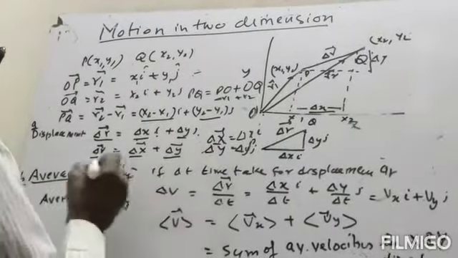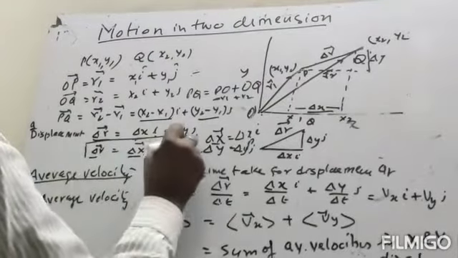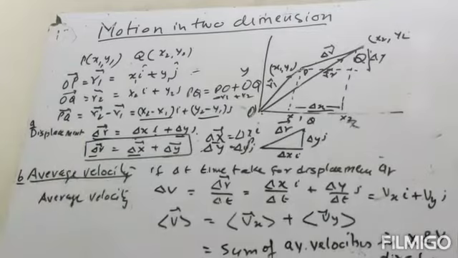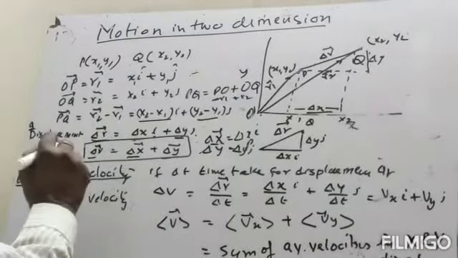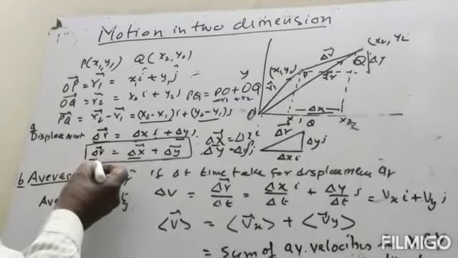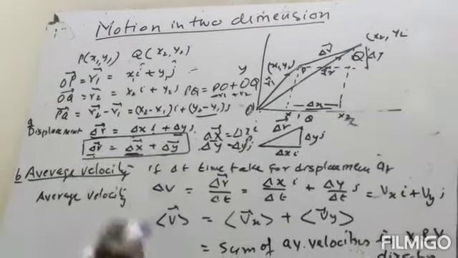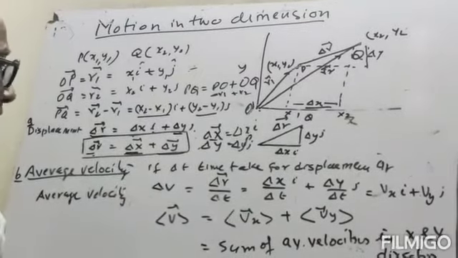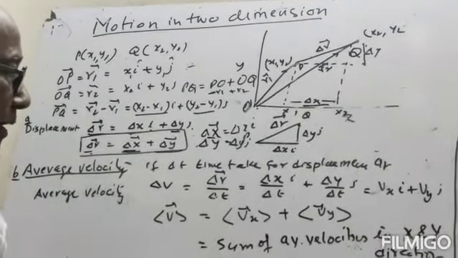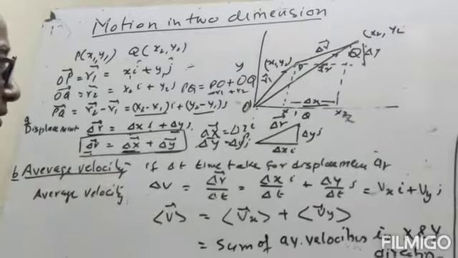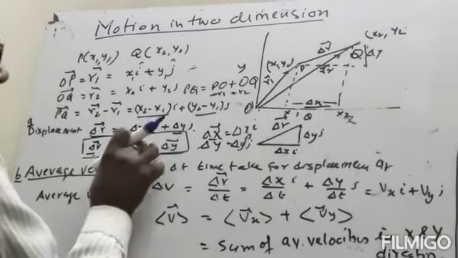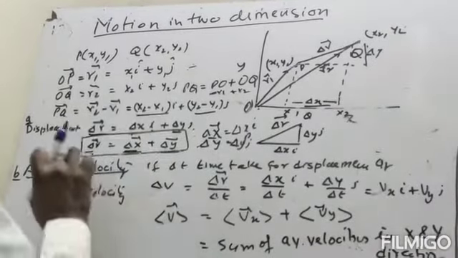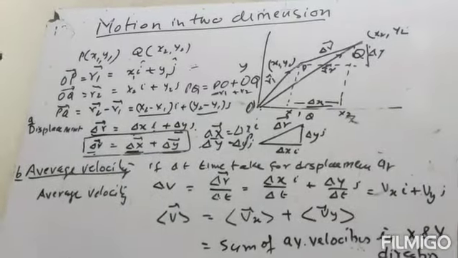So this is the relation for displacement. Delta x is the displacement in the x direction, delta y is the displacement in the y direction. So displacement will be the sum of the displacements in the x and y directions.